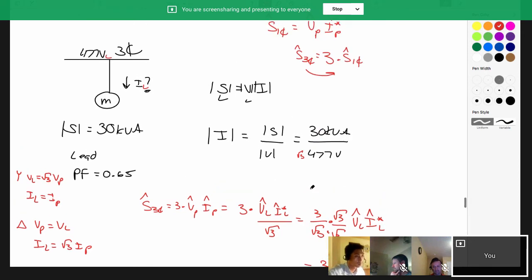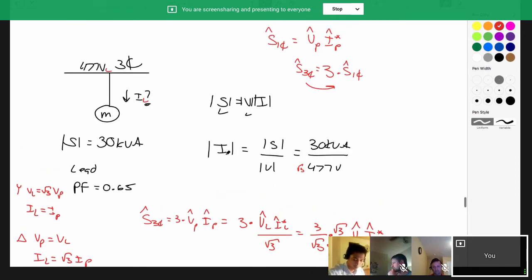So down here, if I want to solve for my line current, this has to be our total three-phase power, which we know it is because it's a three-phase system, and our line voltage times the square root of 3. So go ahead, someone find 30 kVA divided by the square root of 3 times 477. Let me know what you get.